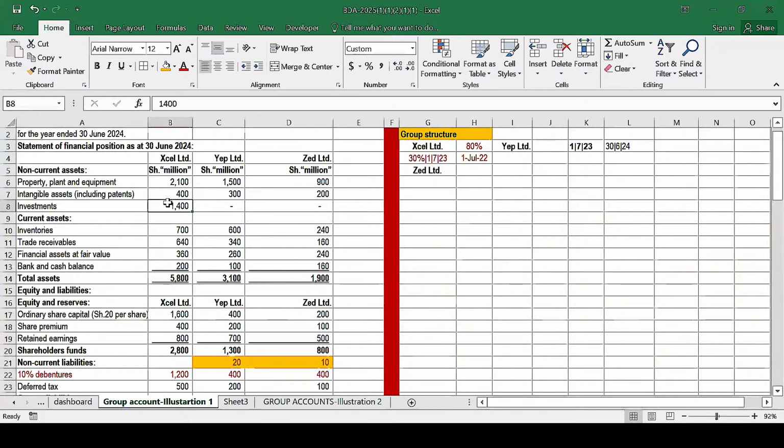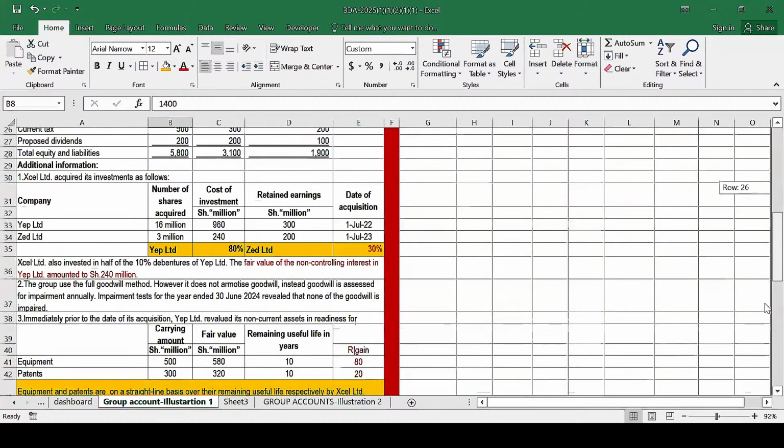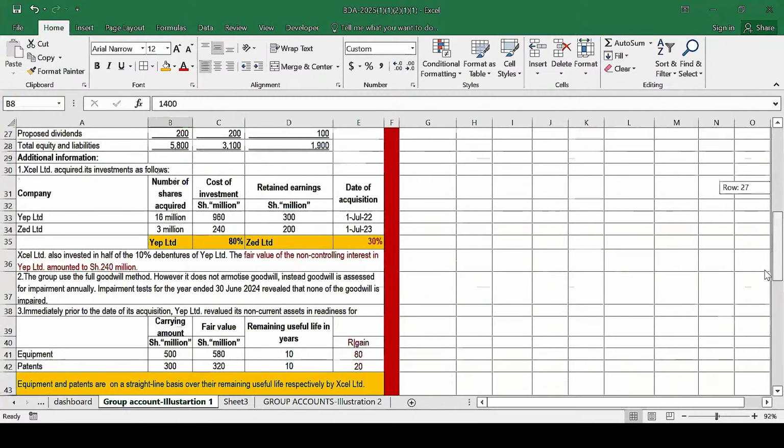Are we going to include that 200,000 paid by the parent in acquiring those debentures? No, we are going to exclude it. So that 200,000, we are going to exclude it from this value here, and also we will exclude it from that value. That is an investment within the group. It is an investment within the group. So I think no working is required in relation to that, but we will need to remember that.